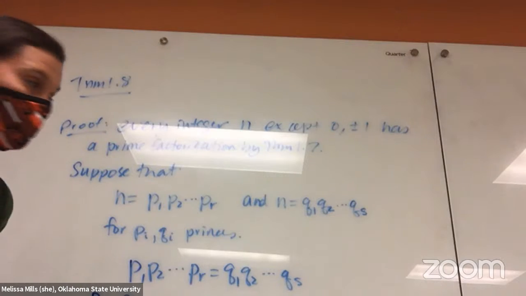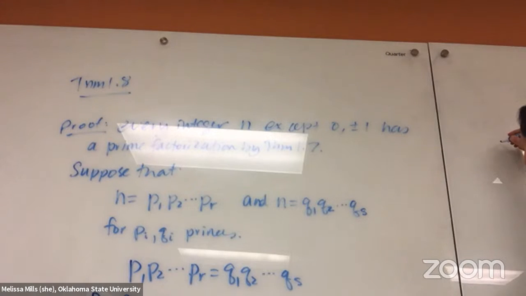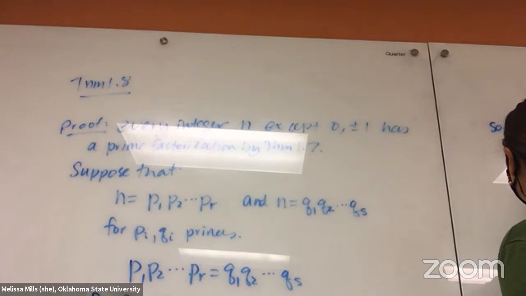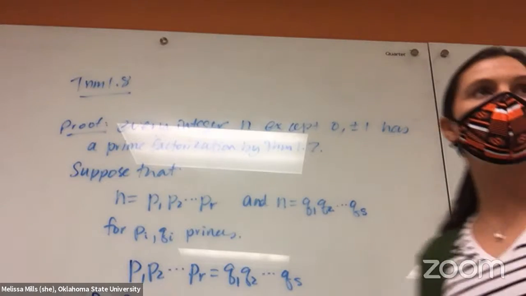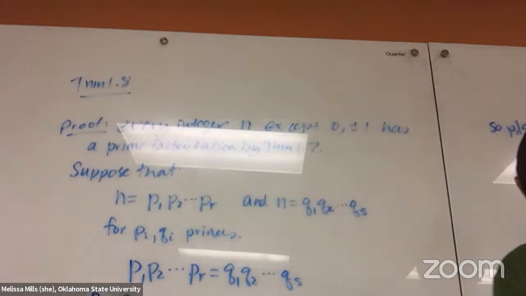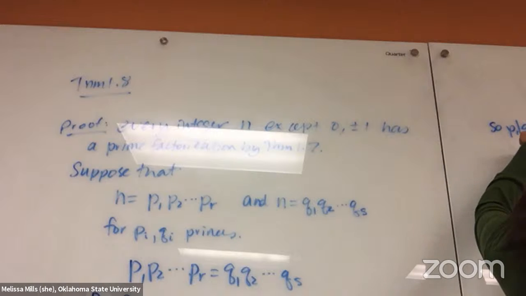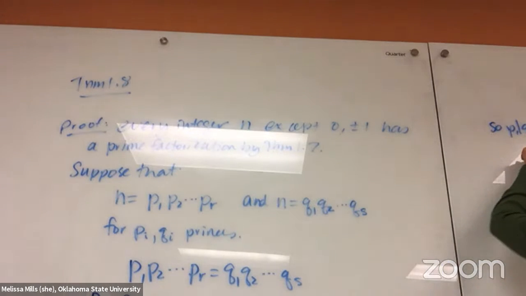Okay, so then we'll have that P1 divides Q1. But since they're both primes, what does that tell me? What kinds of things can divide Q1? Q1 is prime. And what does the definition of prime tell me?